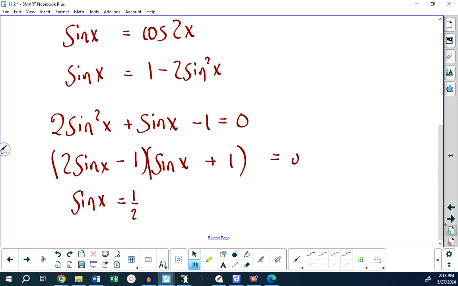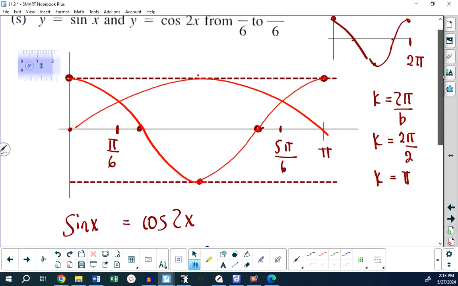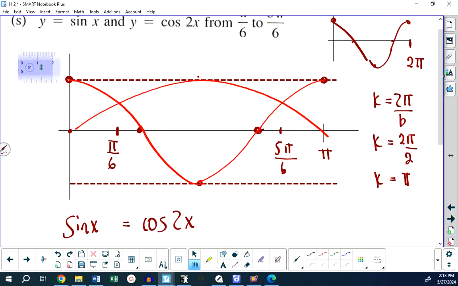These will also intersect when sine of x is negative 1. Oh, well, that's not going to happen until over here at 3 pi over 2. Is that right? Yeah, 3 pi over 2.